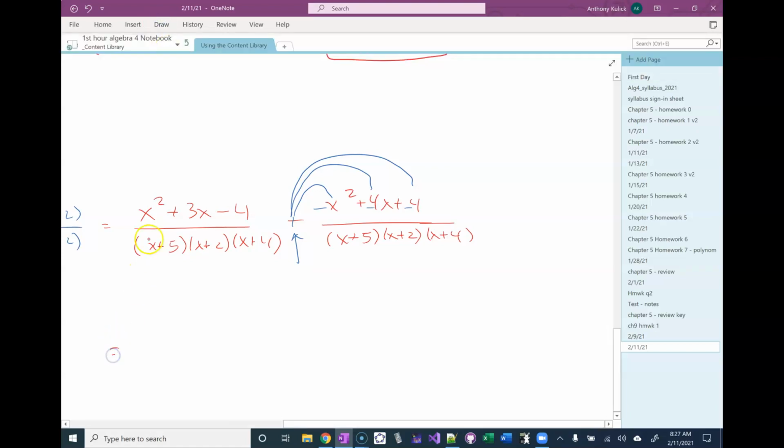So when I do that, I have x squared plus negative x squared, that's 0. 3x plus negative 4x, that's negative x. And then negative 4 plus a negative 4 is negative 8. And the denominator is going to stay the same.